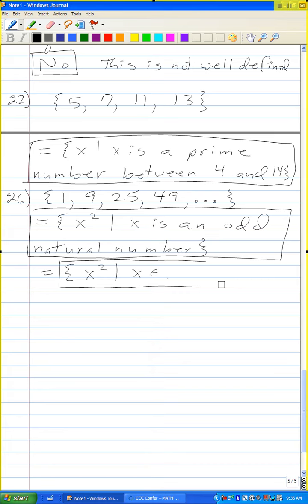So we could also write it that way, I guess.